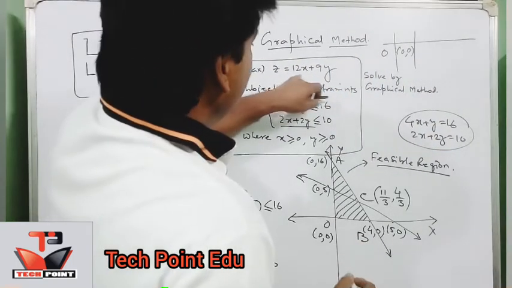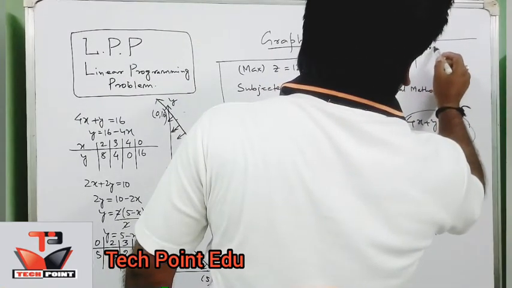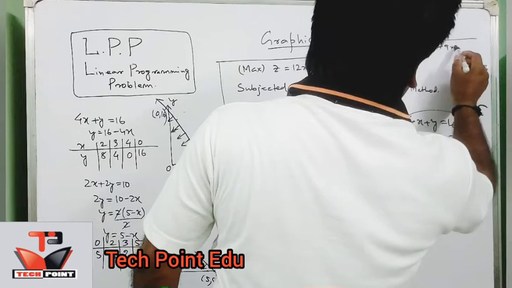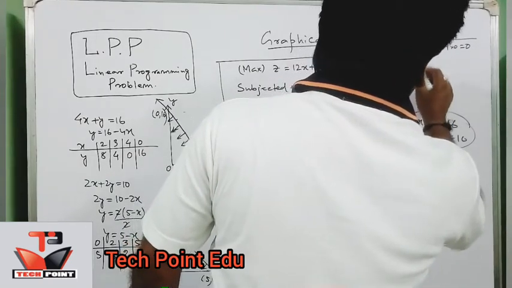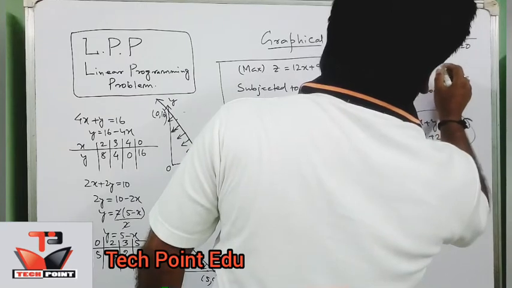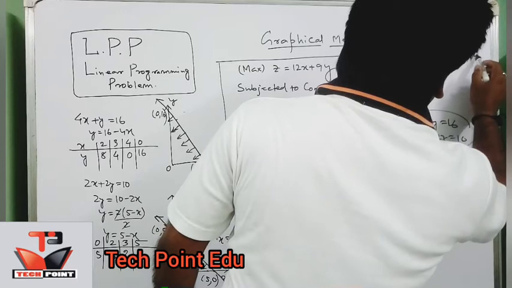In the equation z is equal to 12x plus 9y, that is 12 into 0 plus 9 into 0. That means all will be 0. A point 0, 16. That will be your 12 into 0 plus 9 into 16, 144.